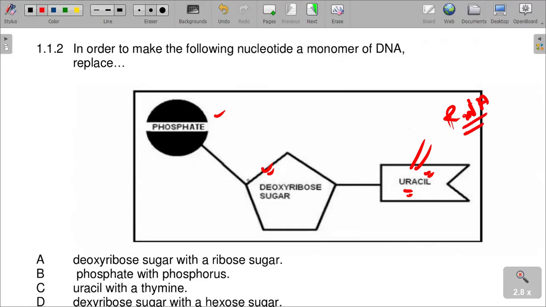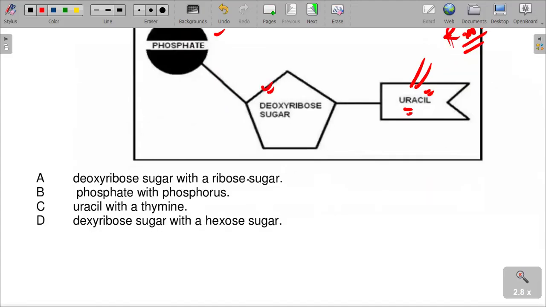So the answer should say we remove uracil, and what should we put there? A nitrogen base that is in DNA, which is replaced by uracil in RNA. It is thymine.